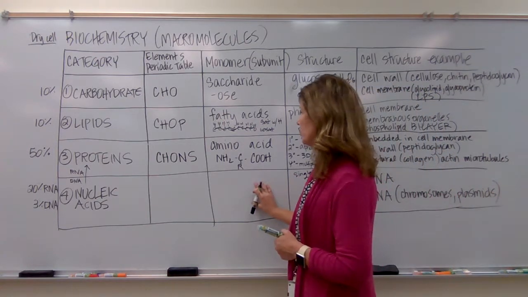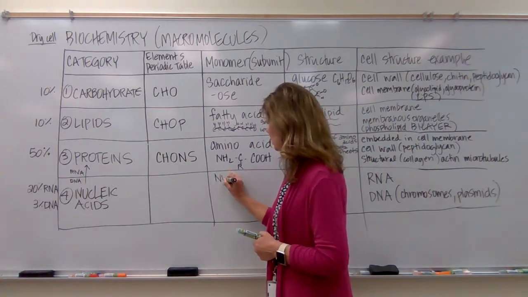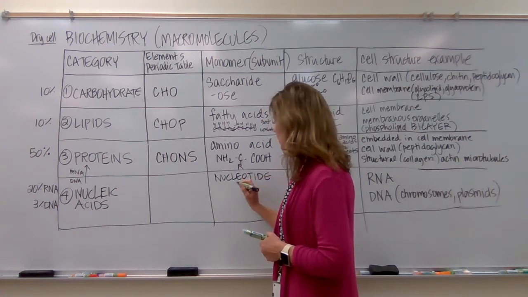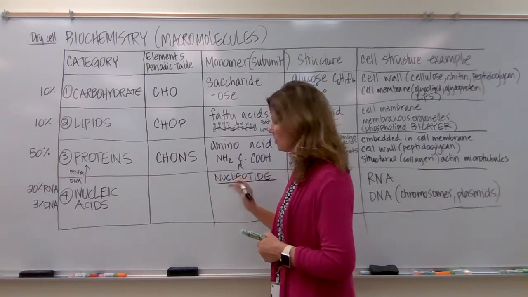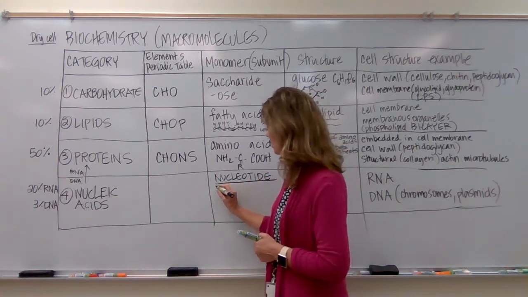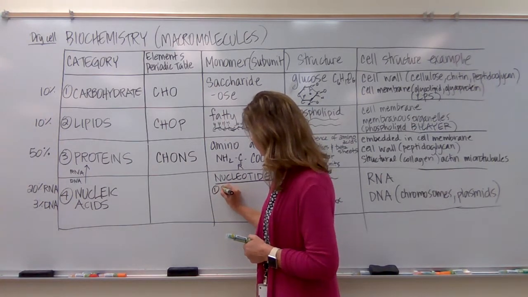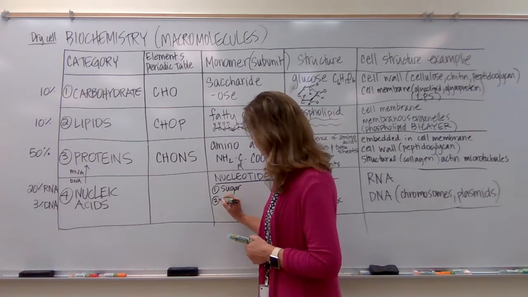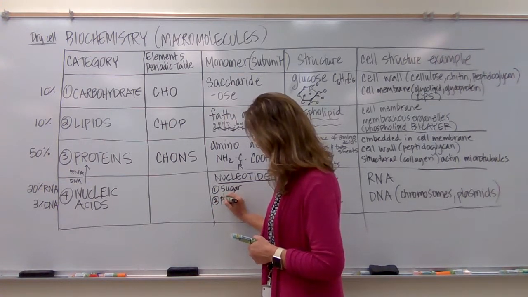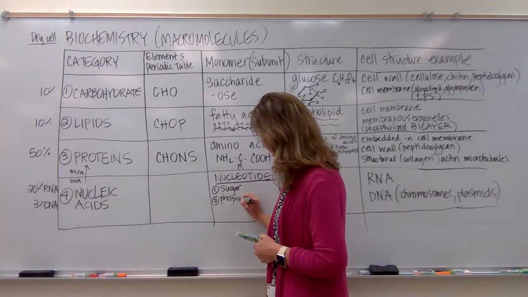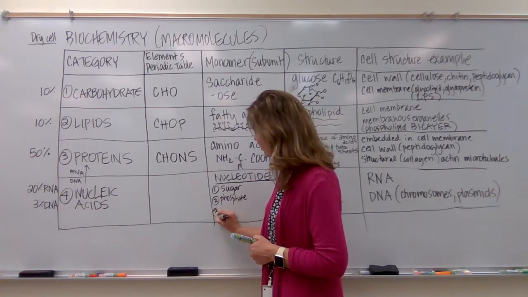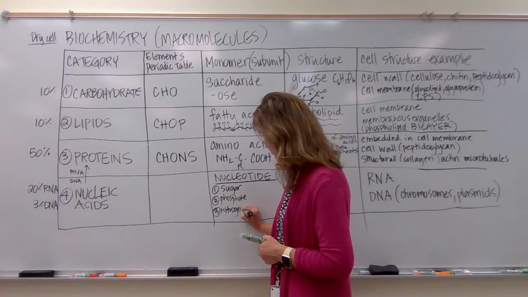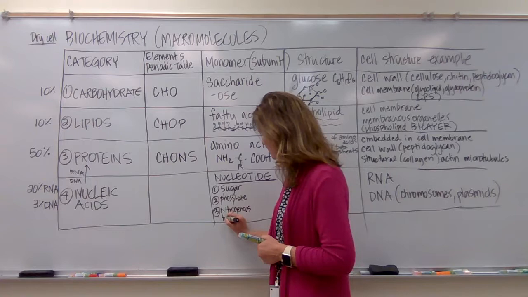The monomer subunit is a nucleotide. And a nucleotide is composed of three structures. One is going to be a sugar. Second will be a phosphate. And a third is going to be a nitrogenous base.